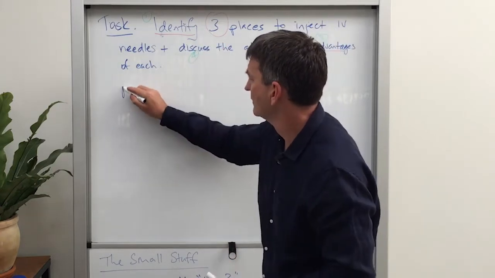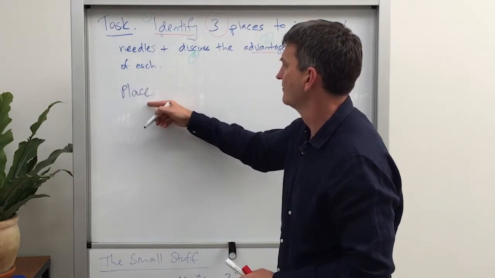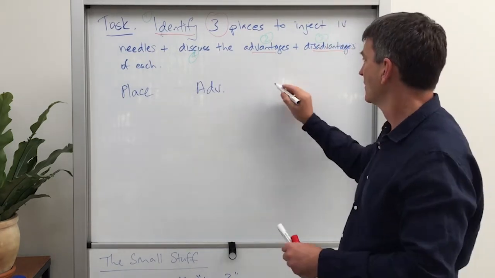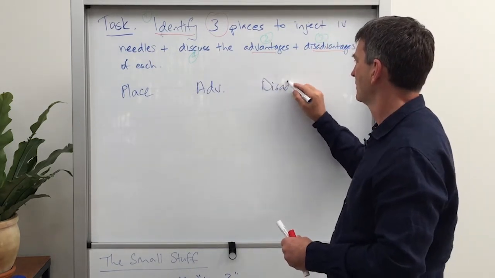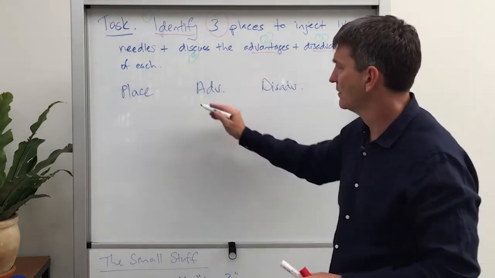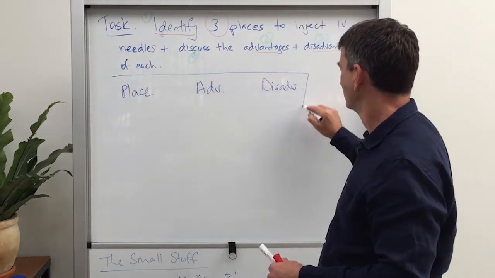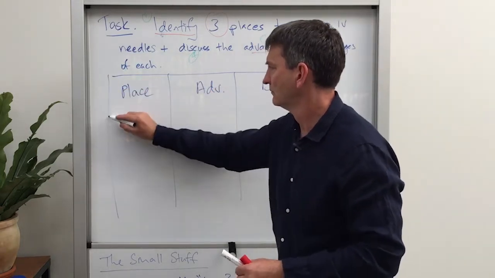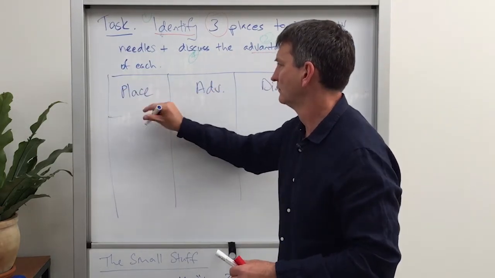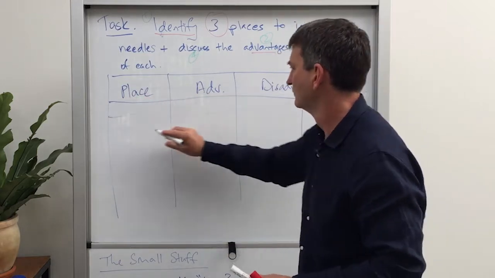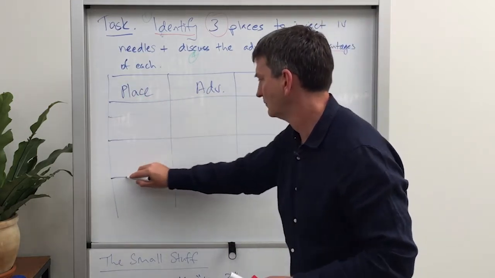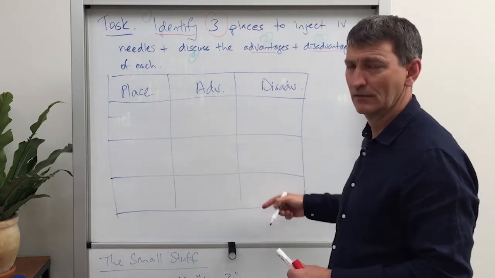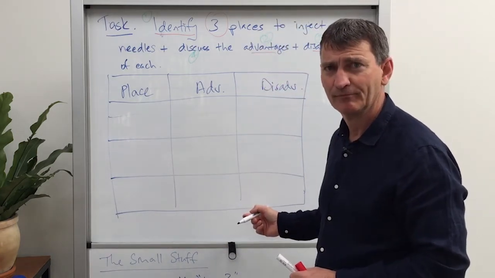We need to have place, and then for each place we need to have the advantage and the disadvantage. So we end up with 9 blanks to fill in.